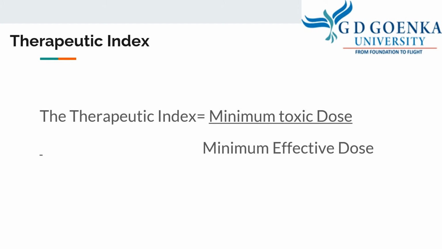What is therapeutic index? Therapeutic index is the range over which the drug is effective, that is, the minimum toxic dose divided by the maximum effective dose.